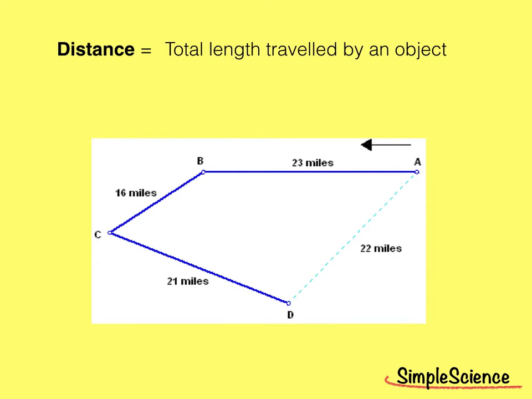So therefore, the total distance is basically AB, which is 23, add BC, which equals 16, add 21 from CD. So you have the total distance of 50 miles. Agree? So the distance is the total distance traveled by the object. So it's the sum of all the dark blue components.